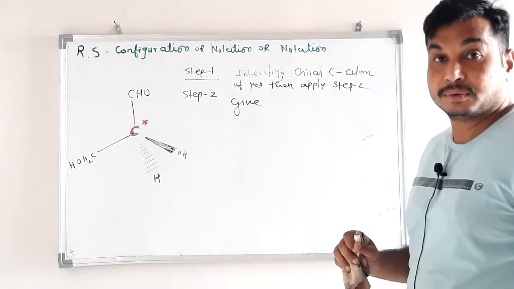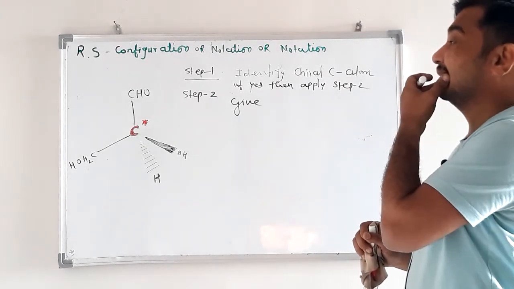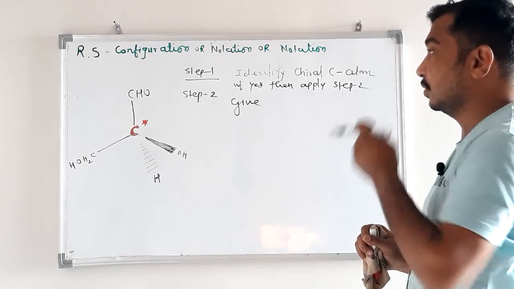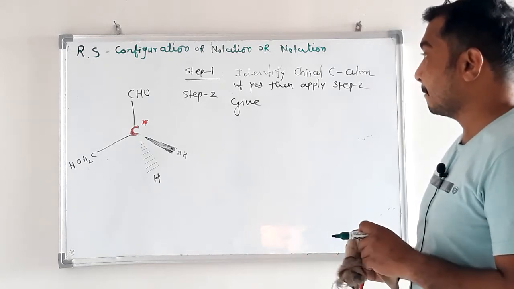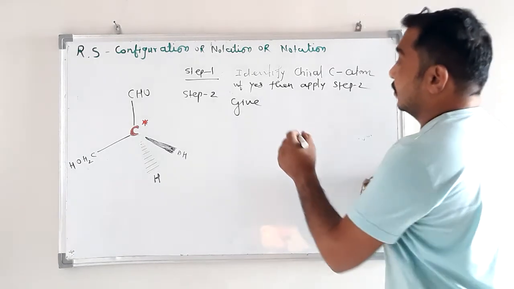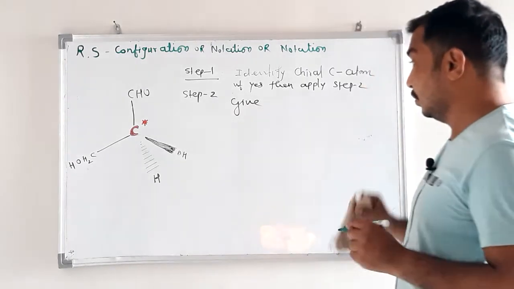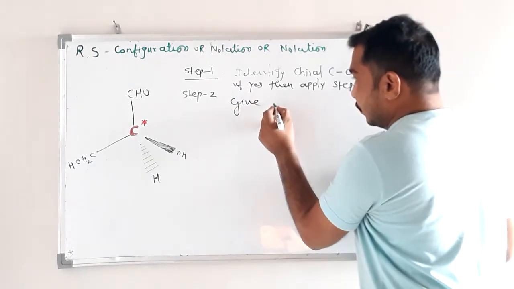Give preference. What do we call that, the proper word is, actually I do not remember now, but I will tell you later. Now, in step 2, what we have to do?